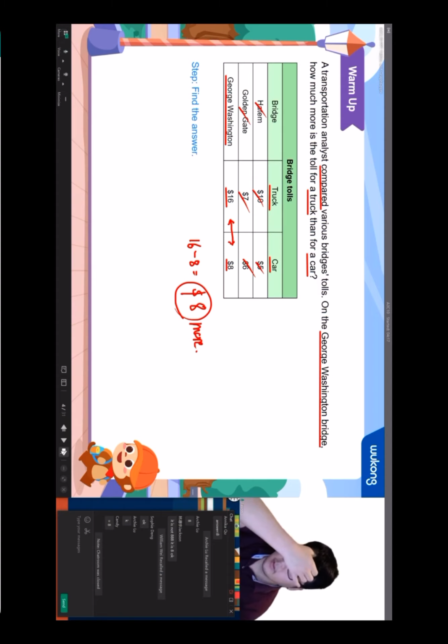So now, alright, what about this one, guys? A food industry researcher compiled the revenues of several pizzerias, and how much more did Pizza Italia make than the Big Cheese? Okay, so guys, first step, we need to understand how much more. Pizza Italia, then the Big Cheese.